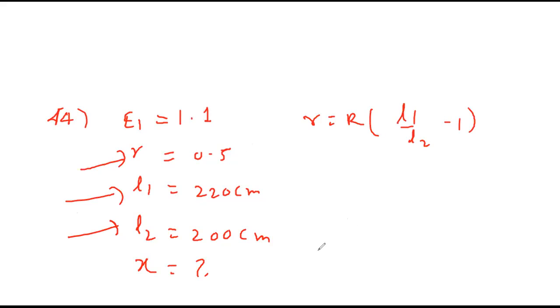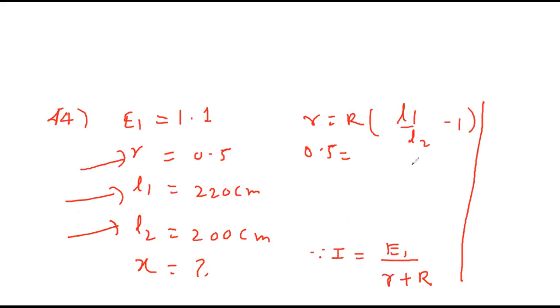Yes, sir. Once I get this, can I say current I is battery E1 upon its internal resistance plus that R which is connected? Clear? Yes, sir. So 0.5 is the internal resistance, and R is 220 upon 200 minus 1. 220 minus 200 is 20 upon 200, 20 into 10.